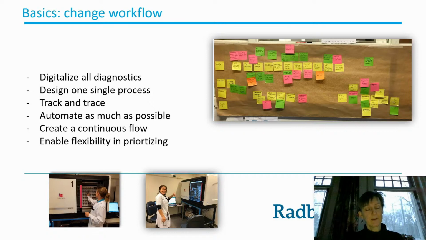And then it's very important to create a continuous flow to all your lab processes, because if there is a bottleneck somewhere, this will lead to obstacles everywhere in your process. And so a smooth, continuous flow is really essential.